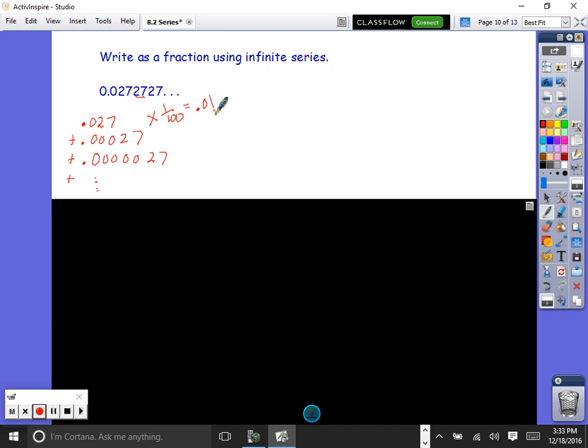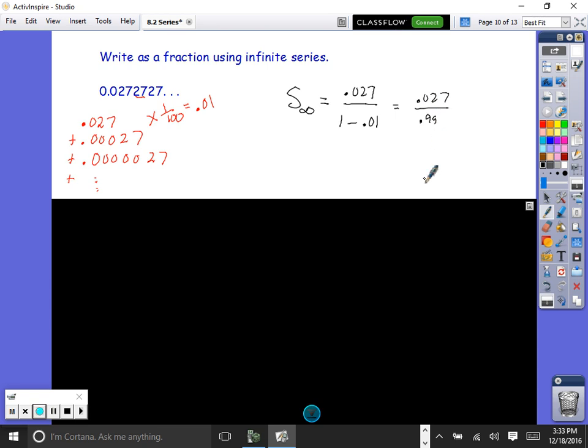So to find the sum of an infinite geometric series, I take the first term, which was 0.027, divided by 1 minus my ratio, which meant I added in another 2 decimal places, 0.01, which gives me 0.027 over 0.99.